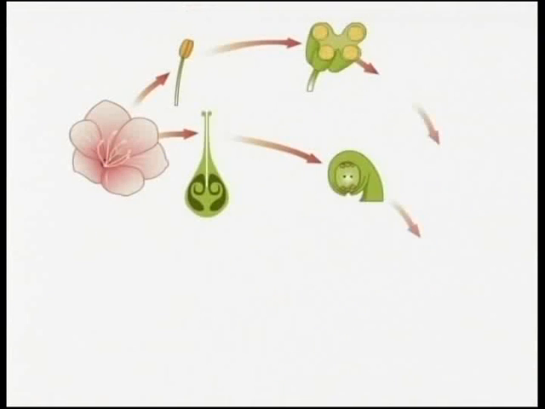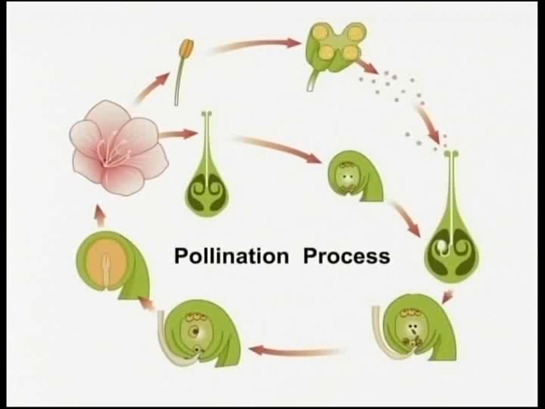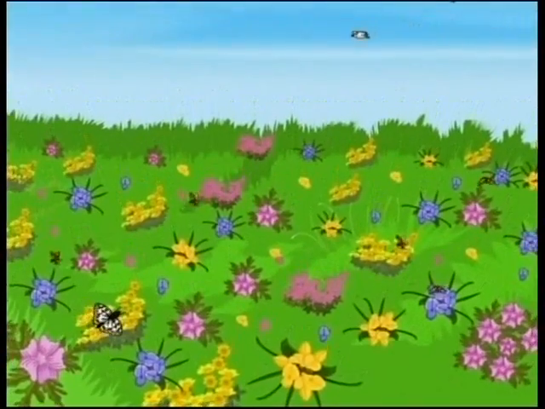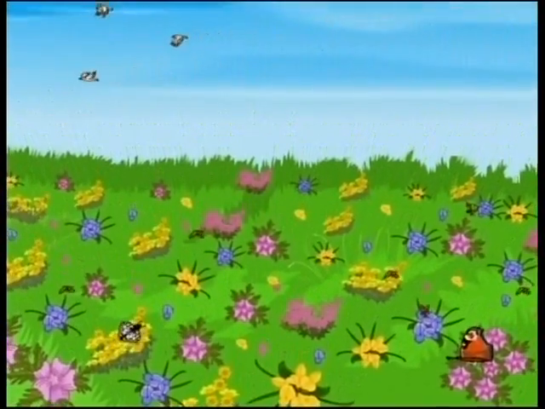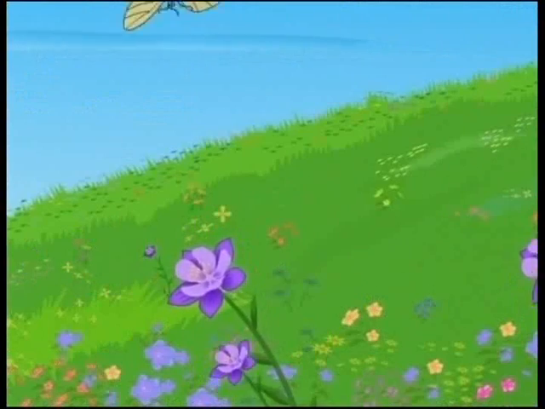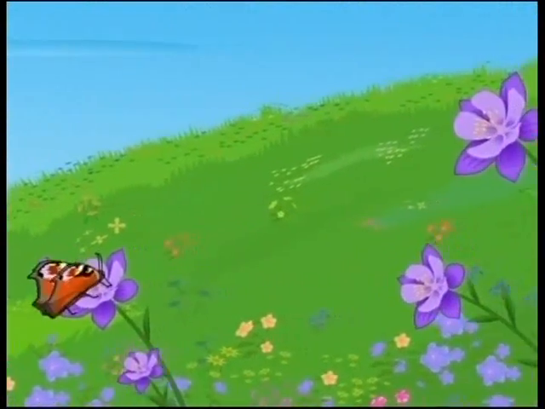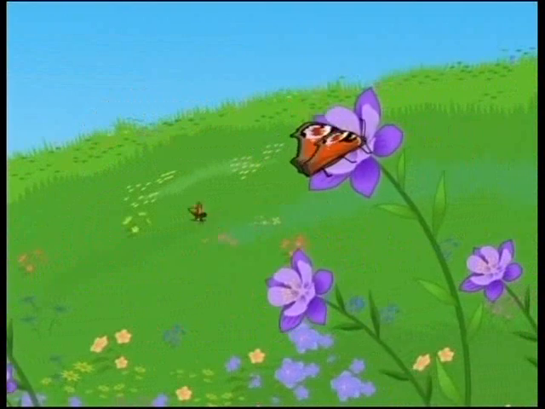Pollination is the transfer of pollen from the male part of a flower to the female part of the same flower or another flower, causing the flower to produce seeds. Grassland plants have lots of ways of transferring their pollen amongst each other.